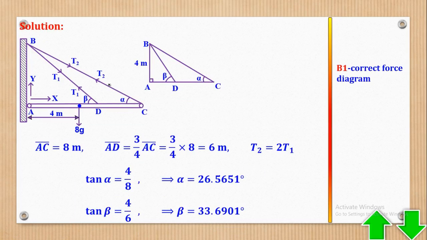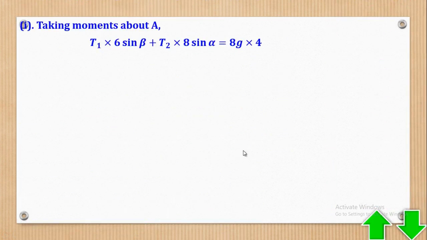For T2, it originates from point C, meaning the distance from the pivot is AC, which is 8. Then the angle is alpha, meaning the moment will be T2 times 8 times sine alpha. So this is where T2 times 8 sine alpha is coming from.